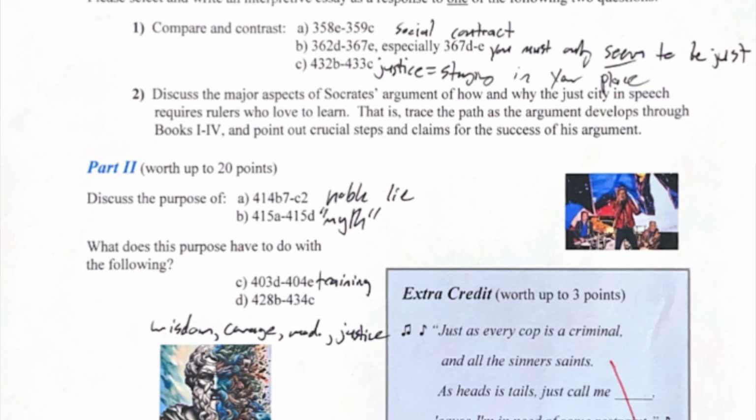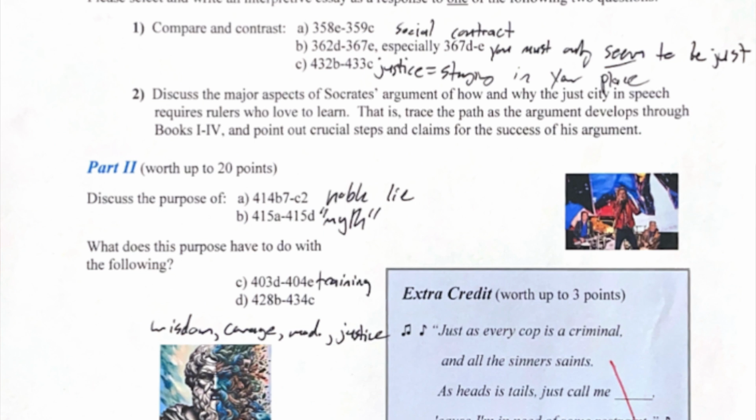So looking at part 2 now, I'm discussing a couple of different things. The first part of the Stephanus numbers is talking about the noble lie and the myth that goes along with this noble lie. And then I'm discussing what purpose does this have to do with the following Stephanus numbers, which is regarding the notion of training in education that Socrates sees as the way by which we discover who are the guardians and who aren't.